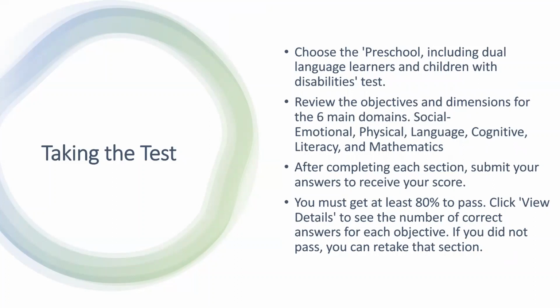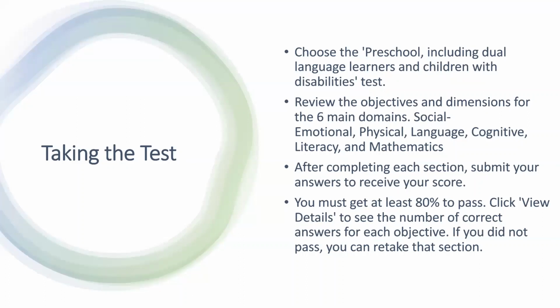When completing your certification, you will choose the preschool, including dual language learners and children with disabilities test. The IRR certification is only for the 6 main domains. Before you begin a section, review the objectives and dimensions for that domain and look over the progressions.